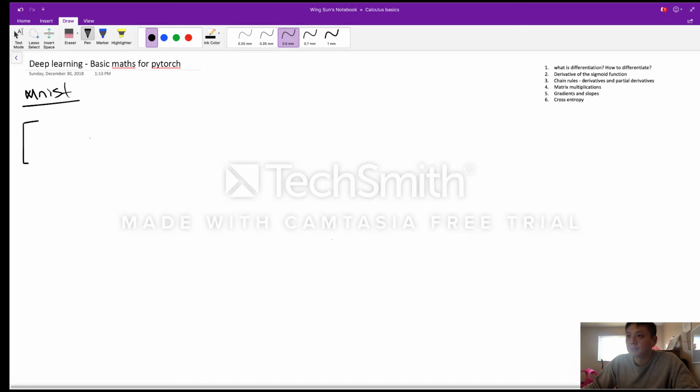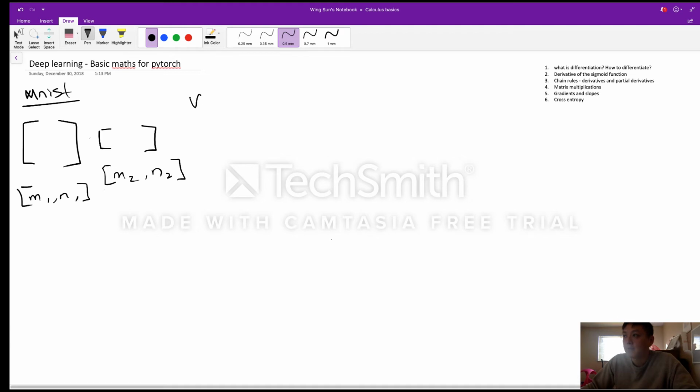For example, if you have two matrices, I don't care what's inside of them. All I care about is the dimensions of these two matrices. If I denote this as M1, N1, and this as M2, N2, and I ever want to multiply these two together, N1 must equal M2.